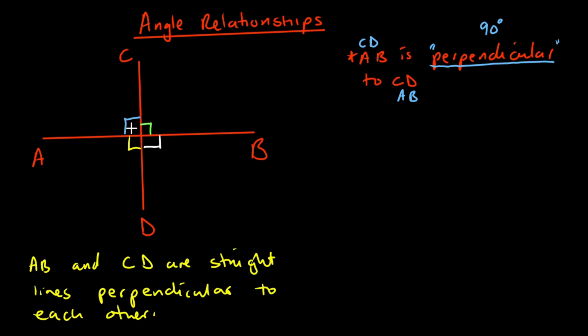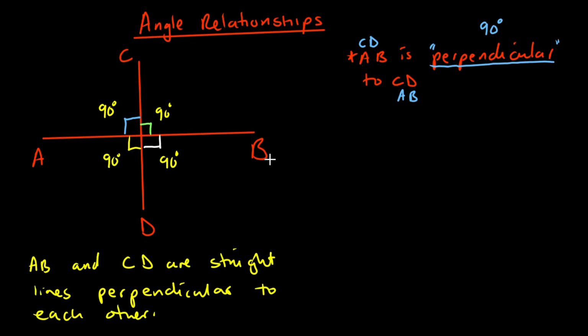Therefore, we use this way of drawing to indicate that this is 90 degrees. Even this one is also 90 degrees, because it's at the point of intersection of perpendicular lines.